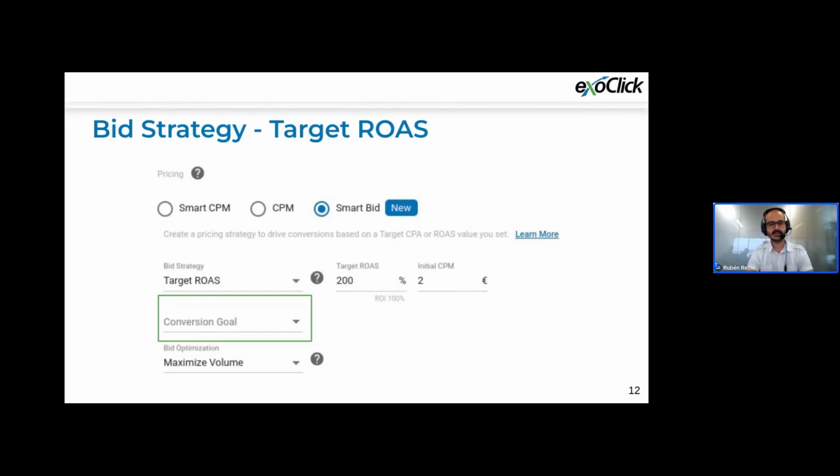This is because, as I said, with target ROAS, we need to calculate the average value of those conversions. So we cannot effectively apply a bid if we don't know the value of those conversions. And then, just like on target CPA, you can also select the bid optimization for that campaign.